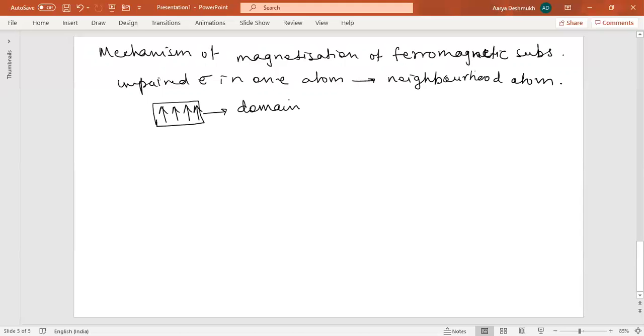In a small part of the crystal or the solid, including the positive and negative poles in them, which is nothing but the unpaired electron. When we say crystalline solid or ionic solid, positive and negative poles should be there. So this small portion or small volume of the crystalline solid is called a domain. Or you can use another word, that is a dipole also, that is two poles, positive and negative poles.